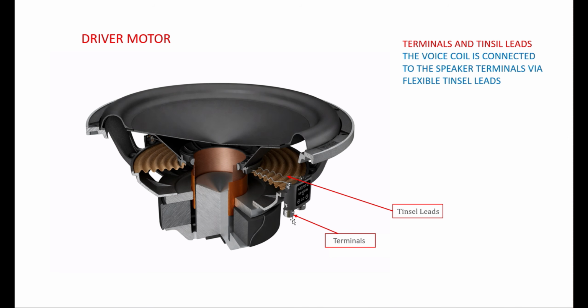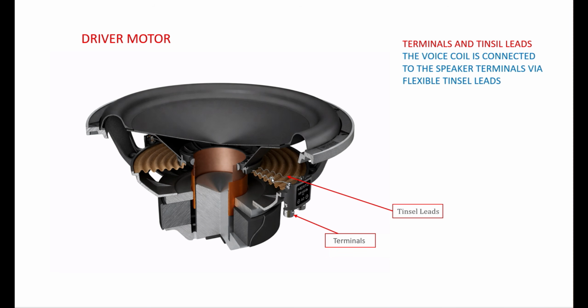The ends of the voice coil leads are connected to your terminals where you connect your speaker leads, speaker wires, I should say, via these things called tinsel leads, right? The tinsel leads are kind of corrugated, like you can see in this illustration, because the cone is going to move, and the voice coil is going to move, so the tinsel leads need to be able to move and flex as well.